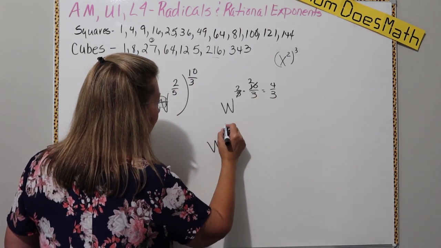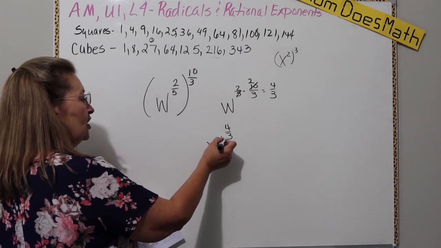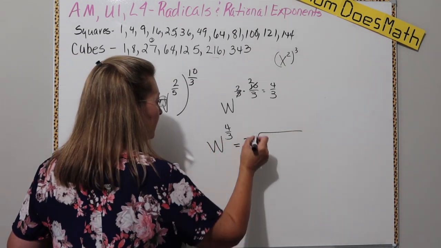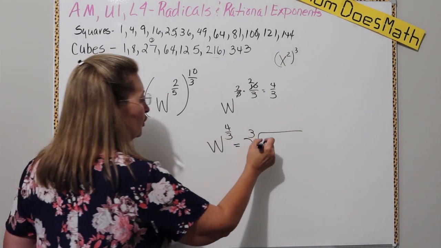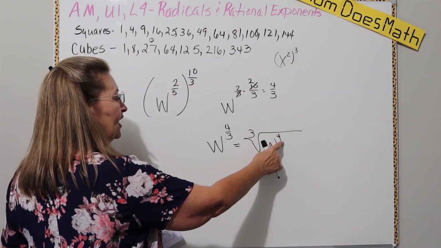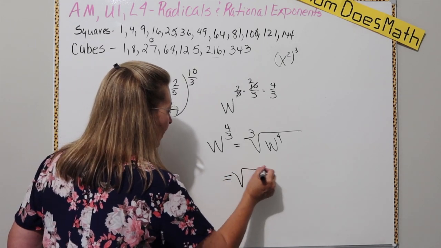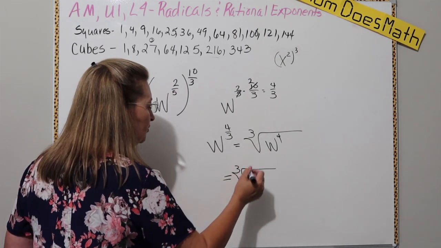So what I have is w to the 4/3. Now, your denominator becomes your index. Your numerator becomes your power. Anytime your exponent is greater than your index, you need to reduce. So I can convert this w to the 4th.